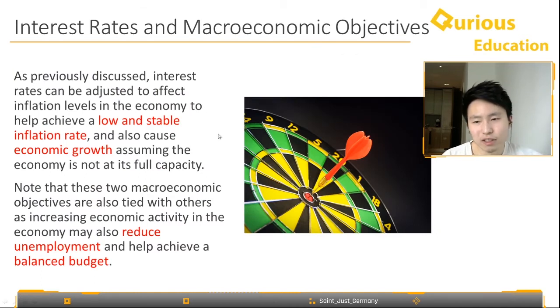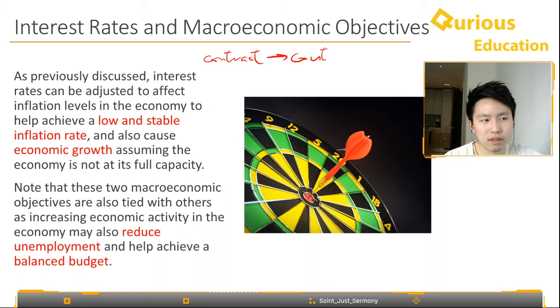And now let's look at how interest rates would help achieve the different macroeconomic objectives. We've discussed economic growth. If we increase interest rates, or if we use a contractionary monetary policy, then this would help control inflation.